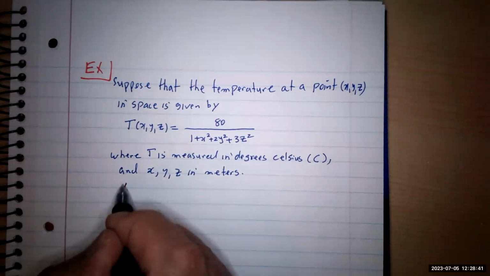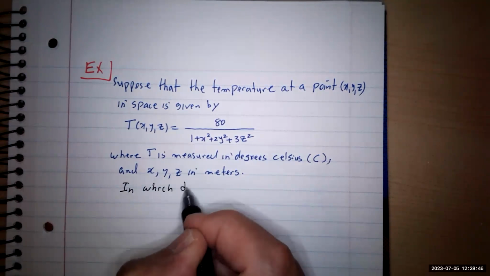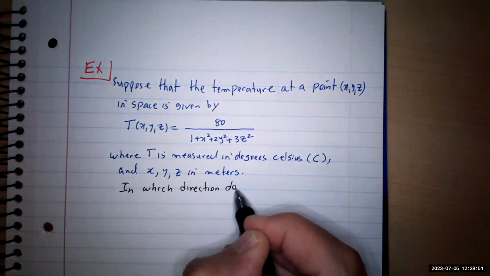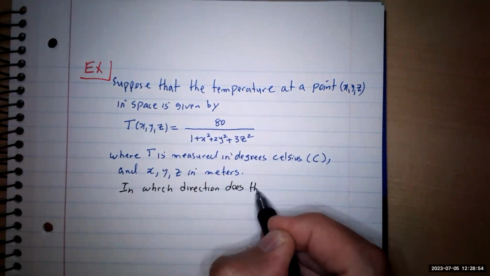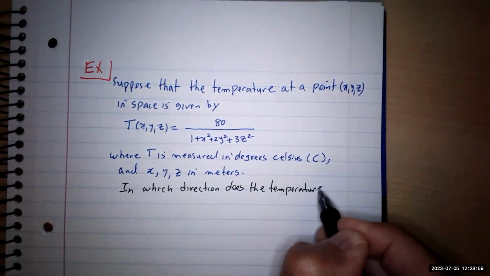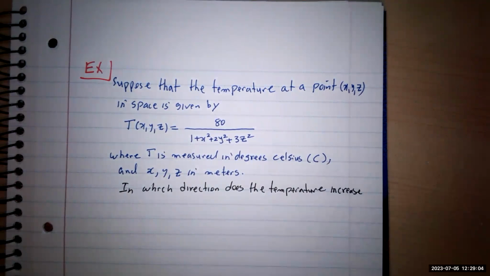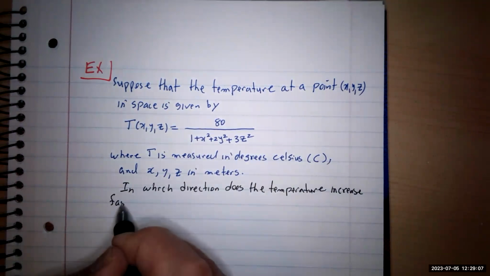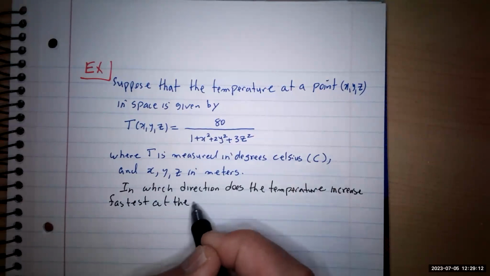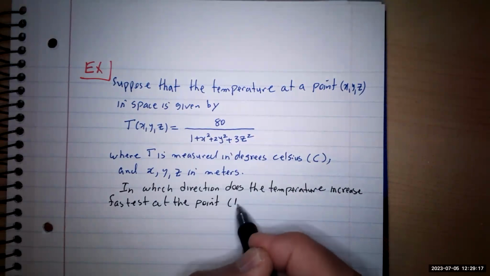This is the question they ask: in which direction does the temperature increase fastest at the point (1, 1, -2)?